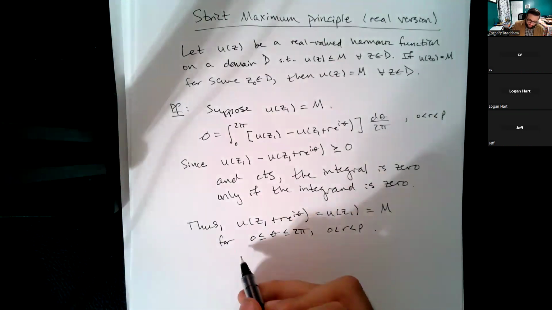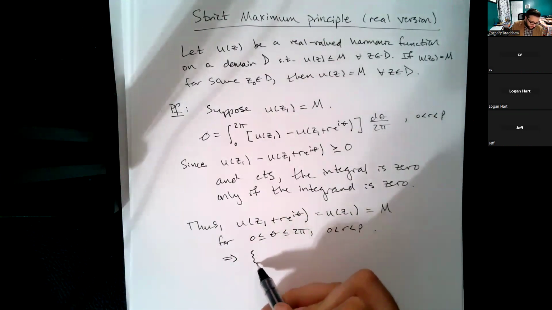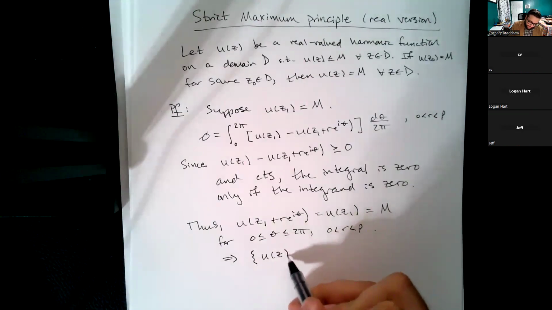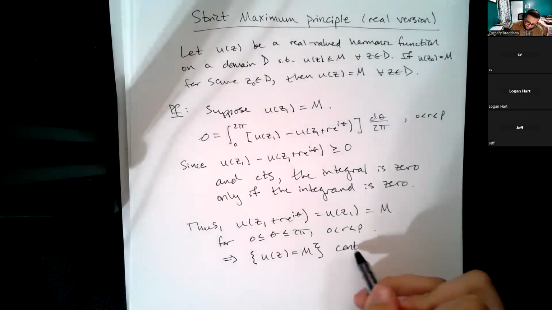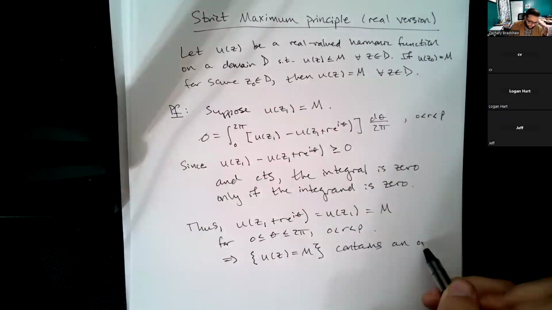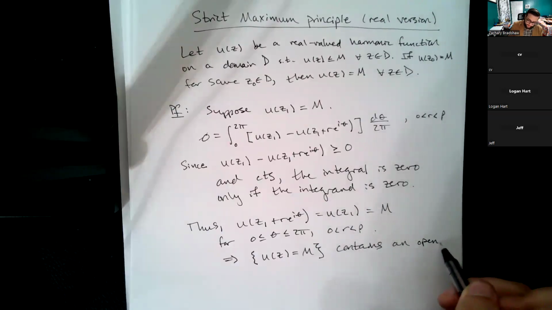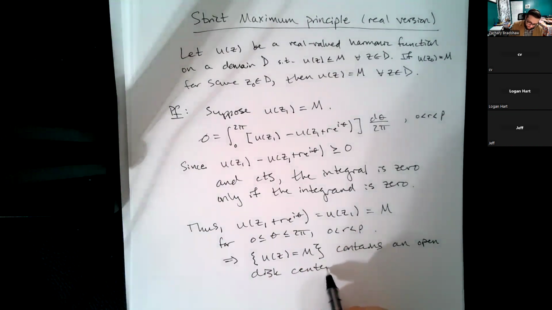And so what does this tell us? This tells us that the set of all z which achieve the maximum contains an open disk centered at z1.